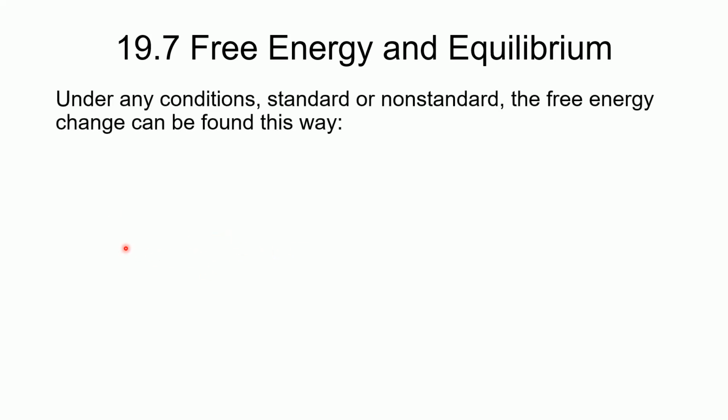We're finally to the last section of chapter 19, which is 19.7, and it talks about the relationship between free energy and equilibrium. We want to figure out what delta G is going to be at conditions that are not necessarily at equilibrium, or not necessarily at standard conditions.